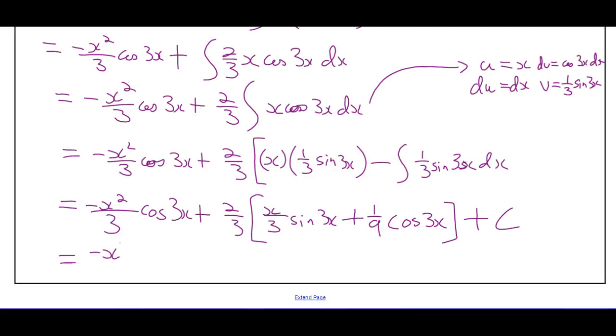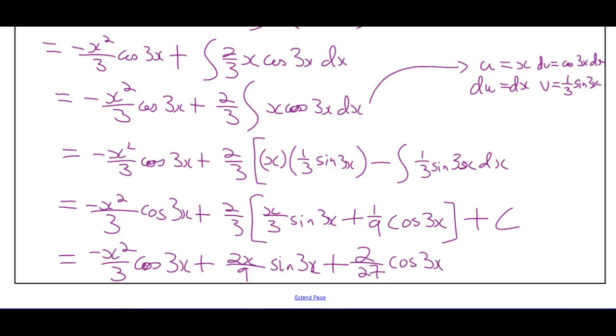Okay, so negative x squared over 3 cos 3x plus 2x over 9 sine 3x plus 2 over 27 cos 3x plus c. And amazingly enough, if you wanted to sit down and take the derivative, that's going to come out to be, right?